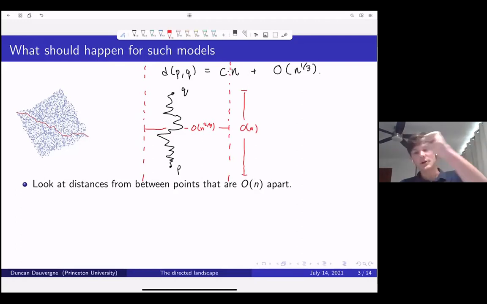The scale at which you expect to see interesting correlations is the order n to the 2/3 scale, because that's the scale at which geodesics from P to Q and geodesics from P prime to Q prime have some chance of overlapping a little bit, but they won't collapse onto each other, and they won't be entirely disjoint in the limit.